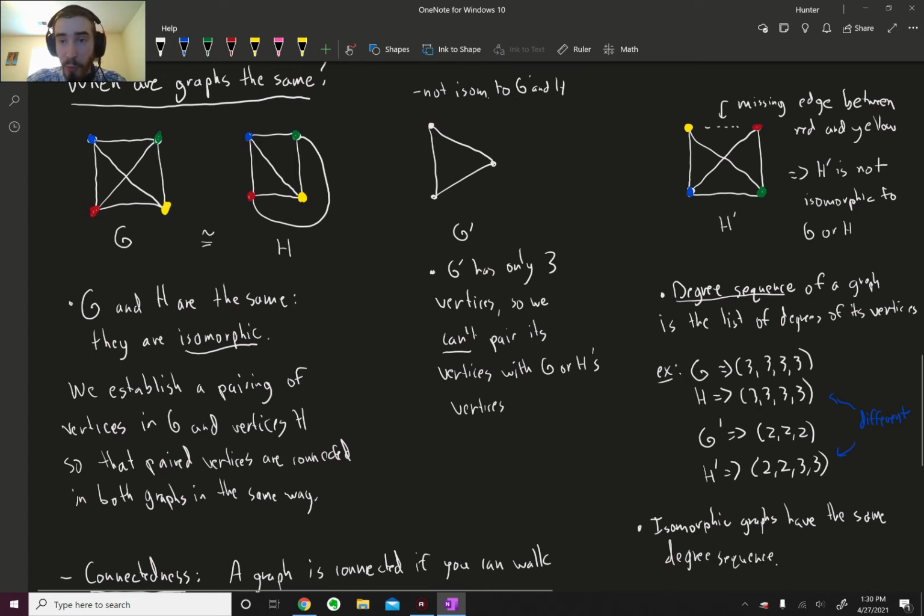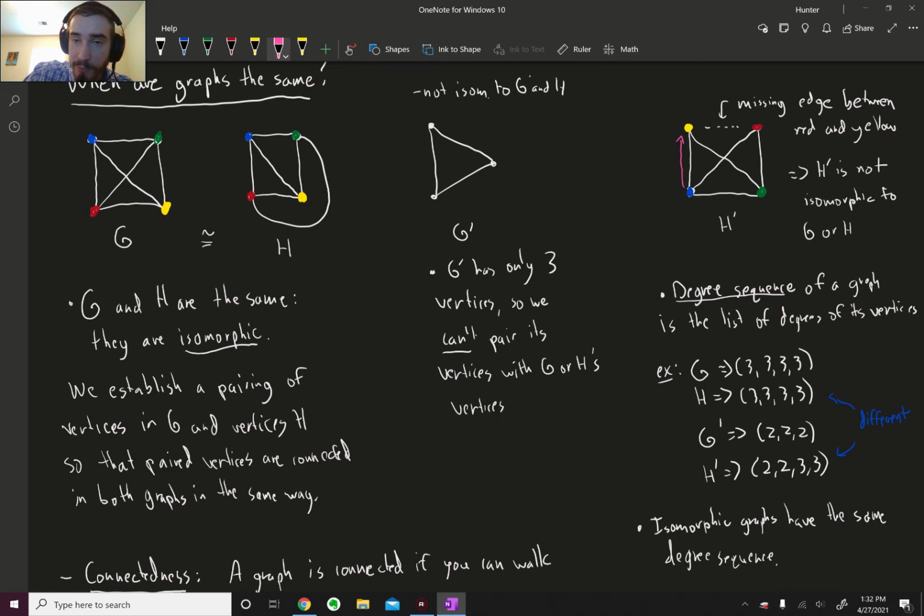H prime is a little more interesting. There are basically two cases here. If I want to go from blue or green to either other vertex, I just go along that edge. Now, if I want to go from red to yellow or vice versa, I can't just walk directly from red to yellow, but I can still find a path that gets there.